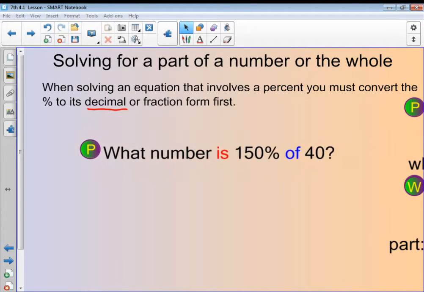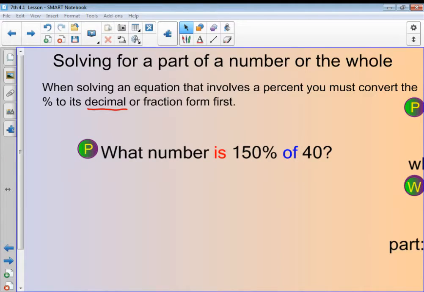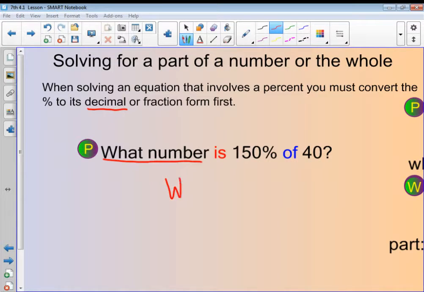Okay, so let's go ahead and solve another one. Here we have: what number is 150% of 40? Once again, here's my what number. I don't know it, so I'm going to put a letter. Is means equals 150%. Remember, we have to move 2 places away. Only 2, there's only 2 circles on that percent sign. So 2 places away would make this 1.50, or just 1.5.